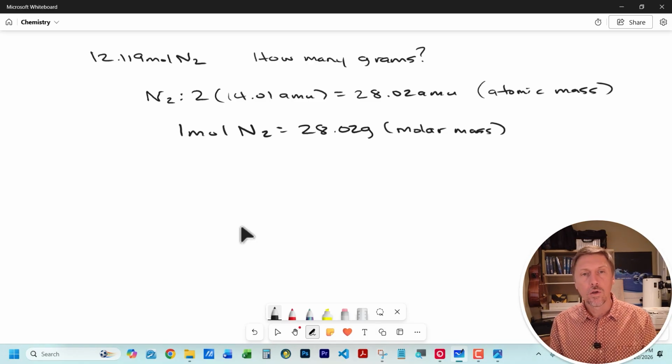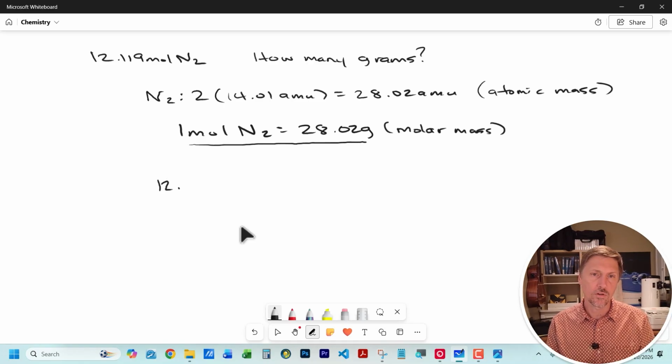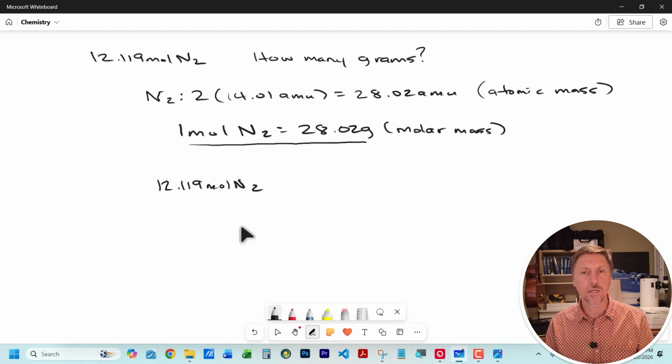All right, so now we know our conversion relationship. This is our conversion relationship right here. They told us how many moles we had, 12.119 moles of N2. And I can use my conversion relationship to convert from moles to grams. I want to go to grams, so I'm going to write grams on top: 28.02 grams of N2 is equal to 1 mole of N2.